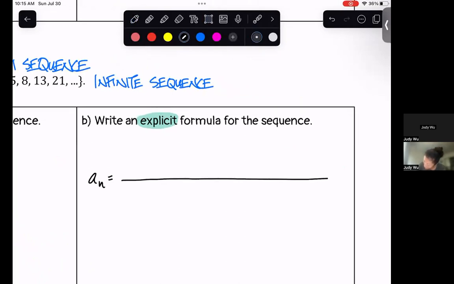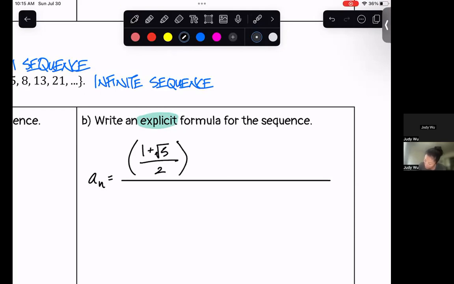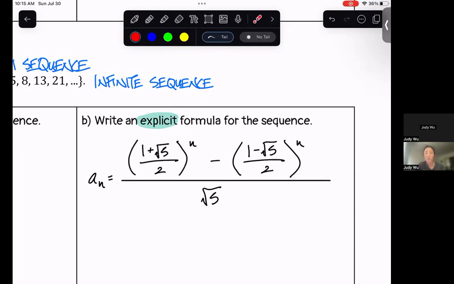The really long fraction bar. In the numerator, we have 1 plus square root of 5 over 2 to the power of n minus 1 minus the square root of 5 over 2 to the power of n, all over the square root of 5. Okay? So, the gross formula.